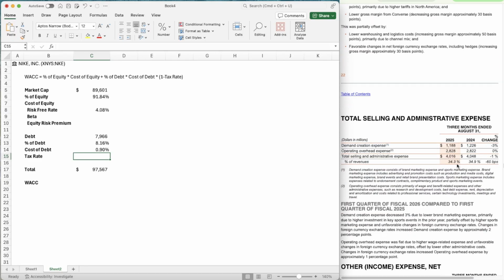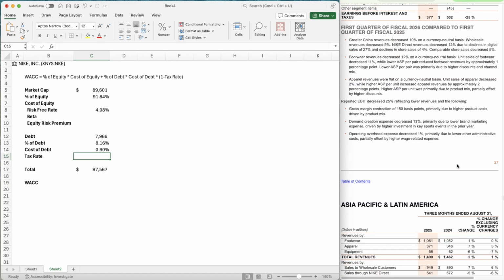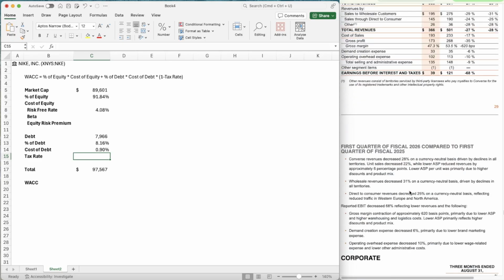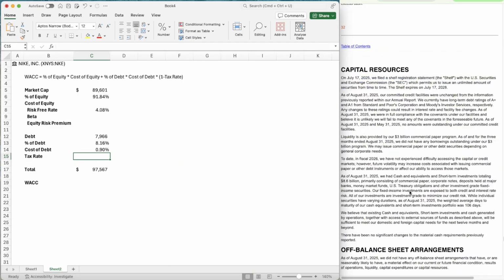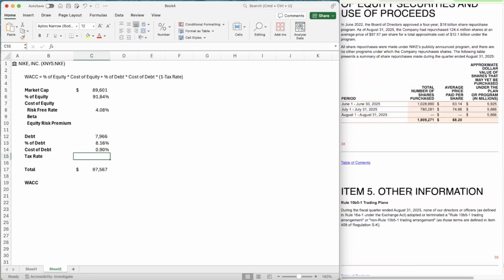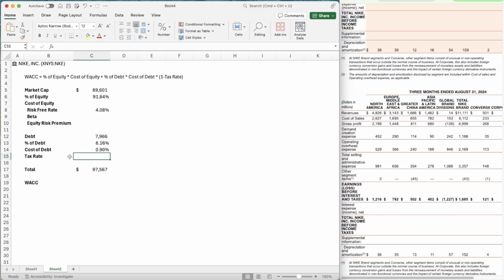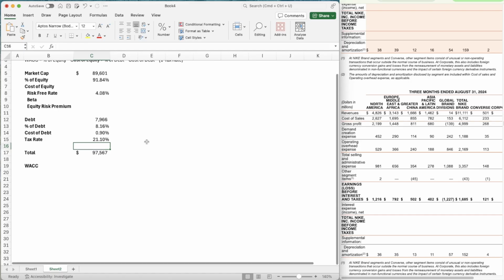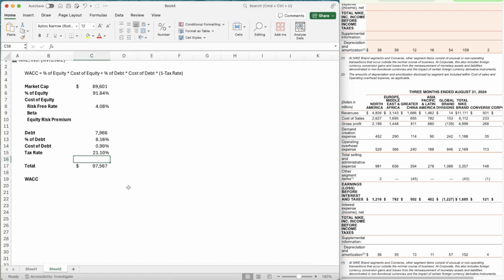Yeah, we'll use that. It doesn't really matter that much, because Nike is a majority equity company. It's what we do on here that really matters.